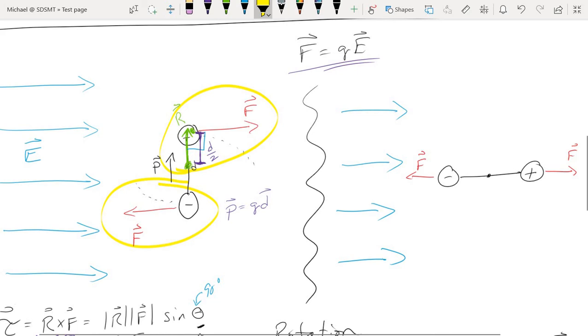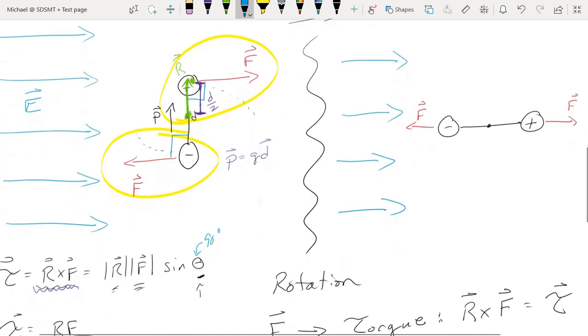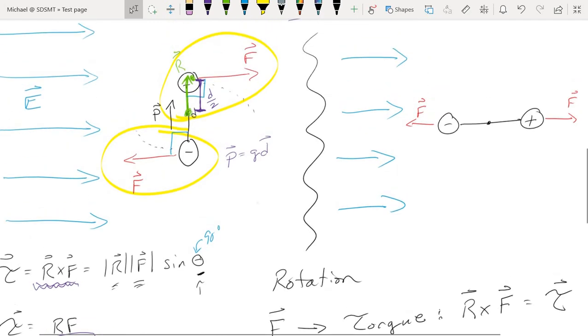That force acting on the negative charge is also at a 90-degree angle. Everything about that negative charge on the bottom is going to produce the same amount of torque as what the top force provided.